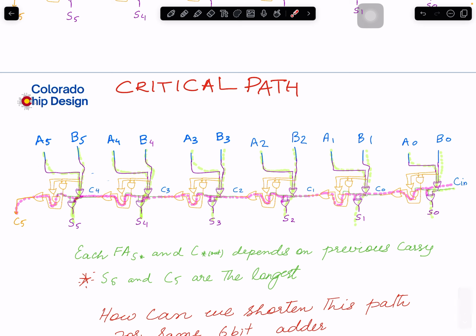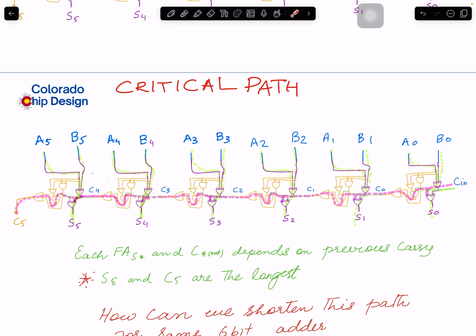But the critical path means the time when all these outputs will be stable. S0, S1, S2, S3, S4, S5 will be stable as soon as these inputs come and the signals propagate simultaneously to the sums.